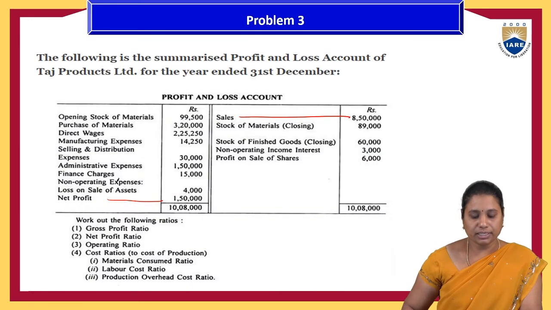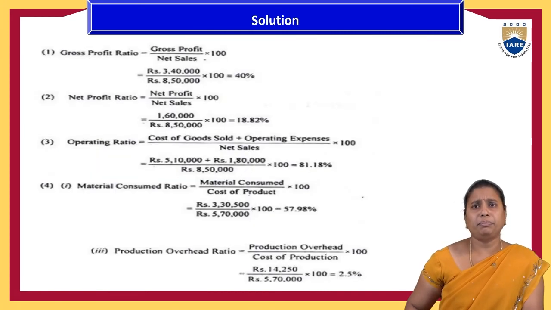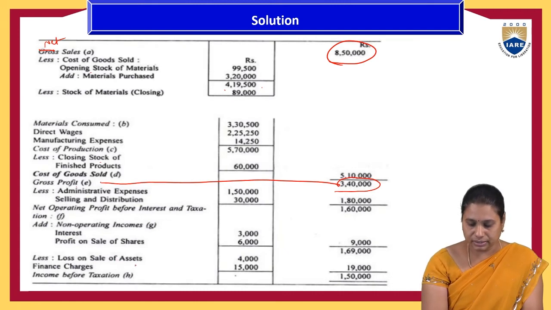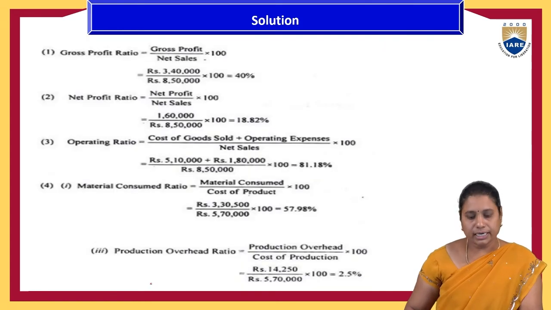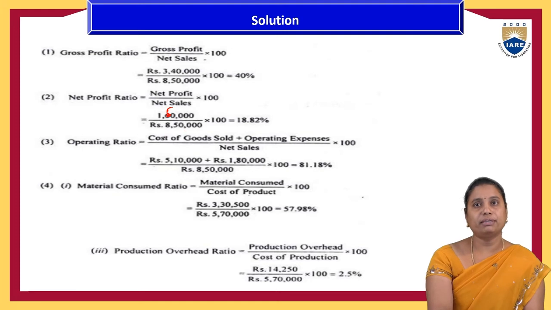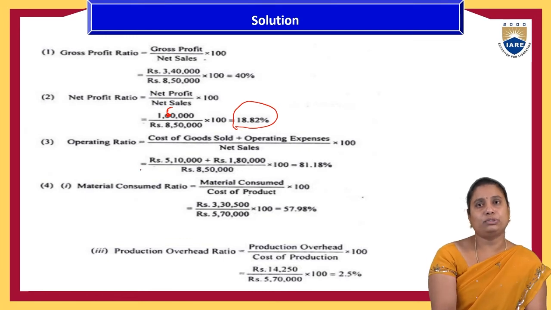The net profit of 1,50,000 divided by net profit plus profit on sale of assets is here 1,50,000 only. 1,50,000 net profit divided by 8,50,000 is 18.82%. And operating ratio is cost of goods sold plus operating expenses divided by net sales into 100.